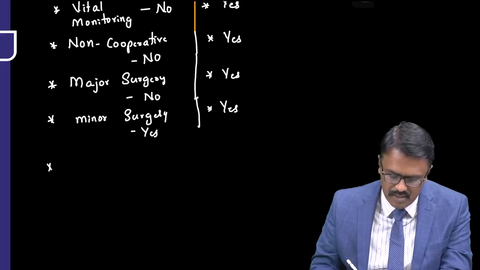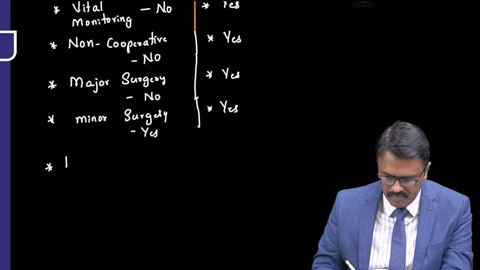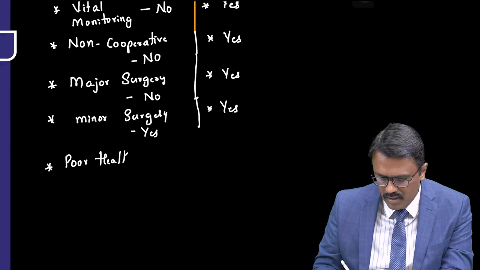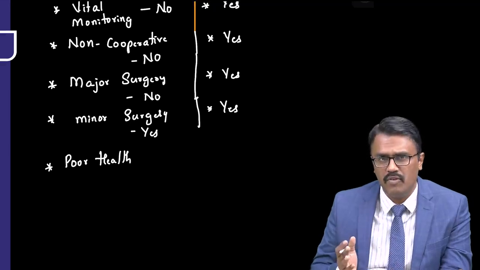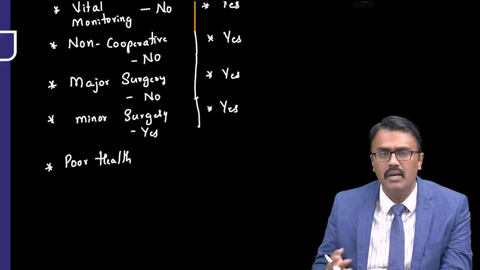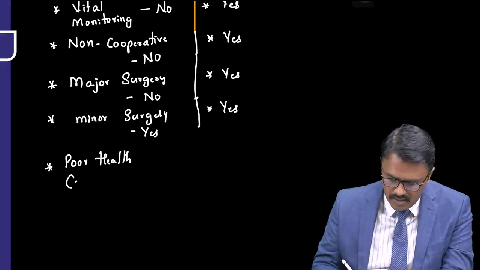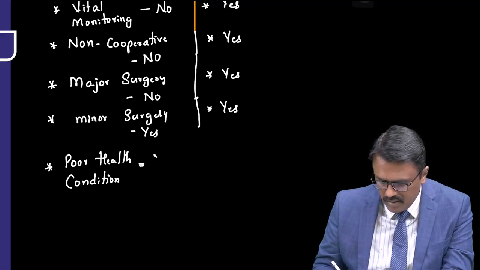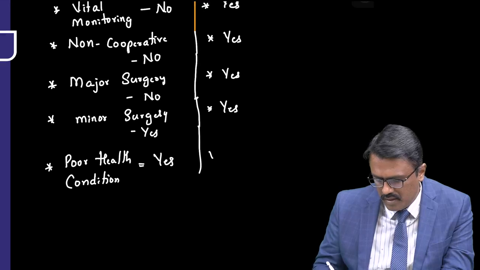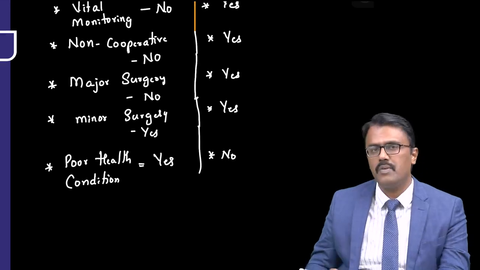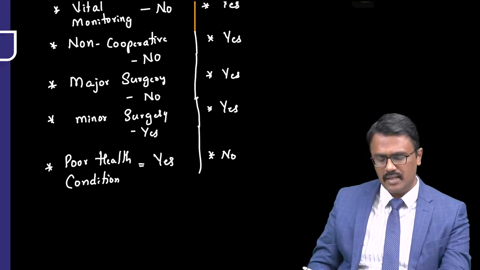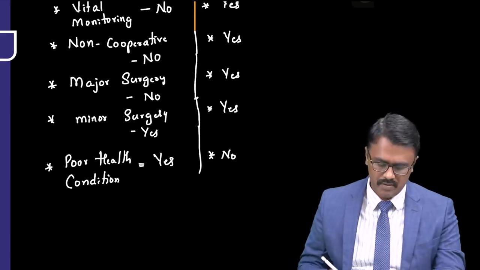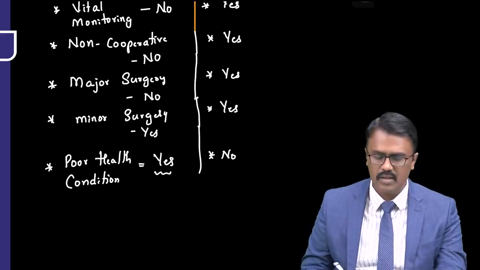Now, if the patient has poor health conditions, so he may have fluctuating BP, he may have some other heart disease, which anesthesia is better? In poor health condition, local is better and general anesthesia is not preferable, because when you give general anesthesia, the patient's BP will fall down and respiration will fall down. That's why in poor health condition, local anesthesia is better.